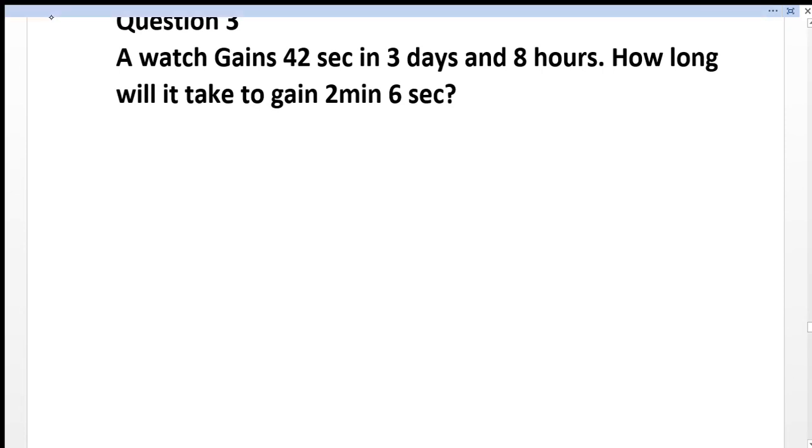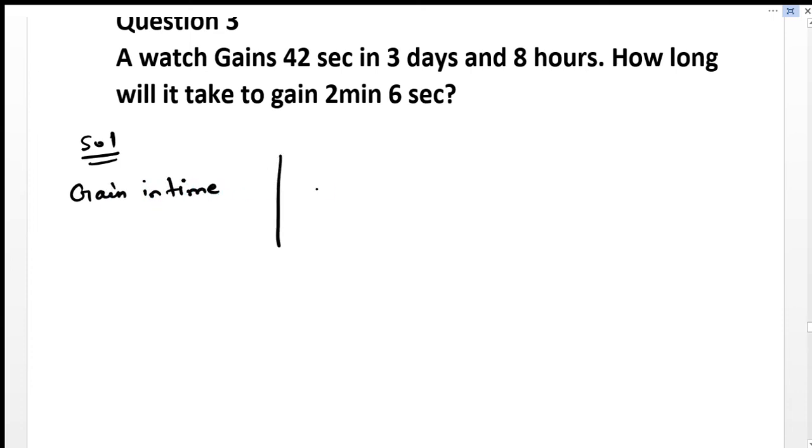In the arrow method, simply write the gain in time on one side and hours on the other side. The gain in time and hours.